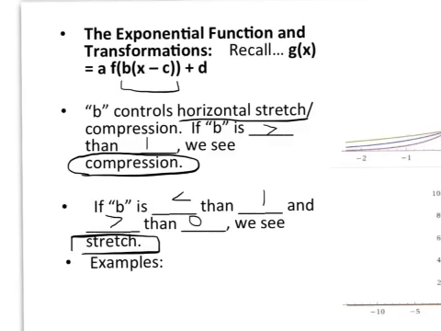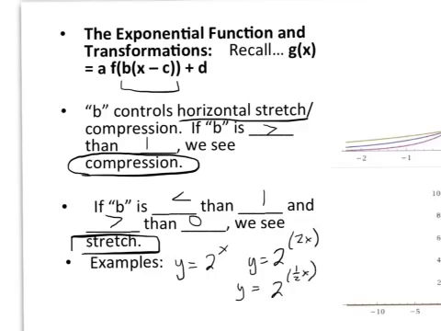Now, looking at our basic function of y equals 2 to the x, where b is 1 here again, we could see horizontal compression with y equals 2 to the 2x, and horizontal stretch with y equals 2 to the 1/2 x.